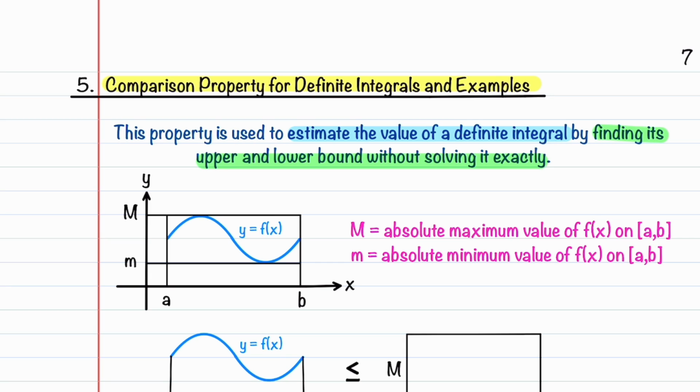Let's say that we have a function y is equal to f of x, and we're going to estimate the value of the integral of this function from x is equal to a to x is equal to b. Capital M is the absolute maximum value of our function f of x between a and b, and then little m is the absolute minimum value of the function.